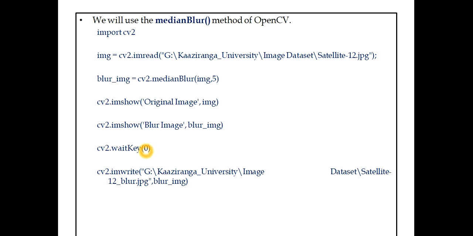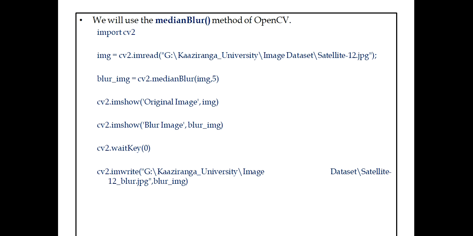I have explained a lot about this function in my, I think, second class. So this function is very important. Now, with this, you may compare the result. And one thing you can also do: the original image we already have, you can write the output image with a different name. Suppose I'm writing here satellite12blur.jpg. In that way, we can compare it better.